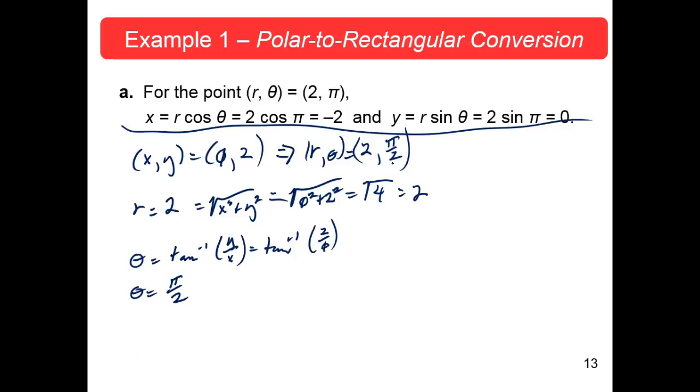Okay. Perfect. And that's why I refrained from graphing it, because if you graph the point, there's 1, 2, 1, 2, 1, 2. 0, 2 would be 0, 2. There's your point right there.